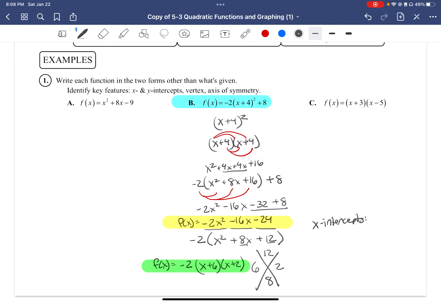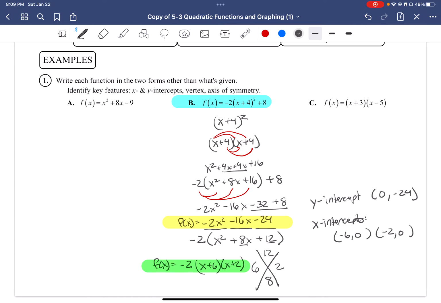There's two of them, and they're going to be at the points p comma 0 and q comma 0, and our p is -6 and our q is -2. Remember, we had to do the opposite of those numbers. And then from our polynomial form, we're going to find our y-intercept, and that is going to be at the point 0 comma c, and our c is -24.